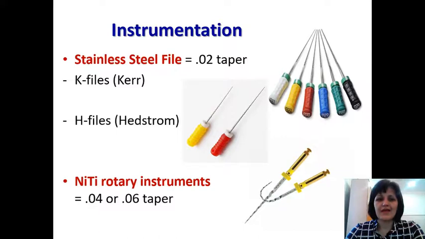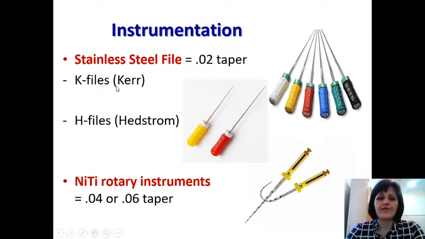As for the instruments, there are also several groups depending on their structure and manufacturing. The first group is stainless steel files. They have a special taper of 0.02.